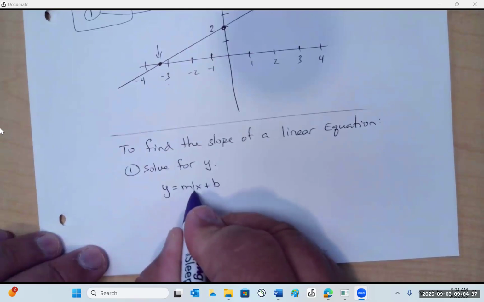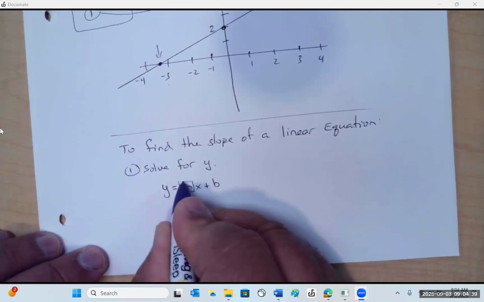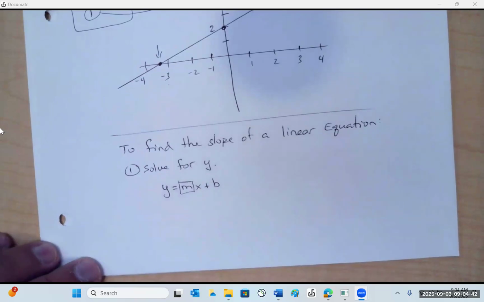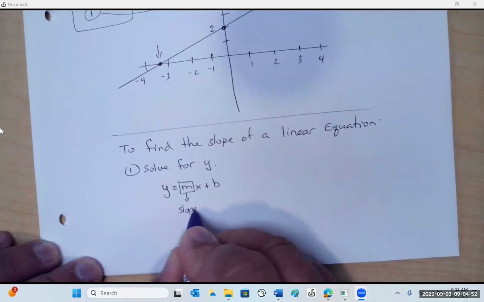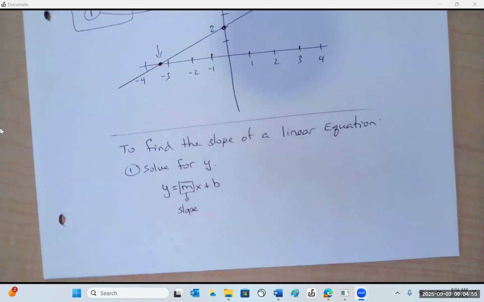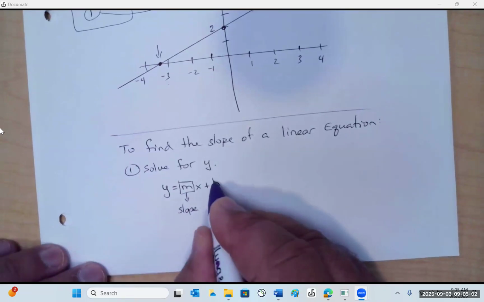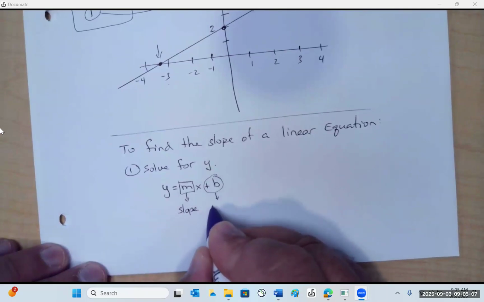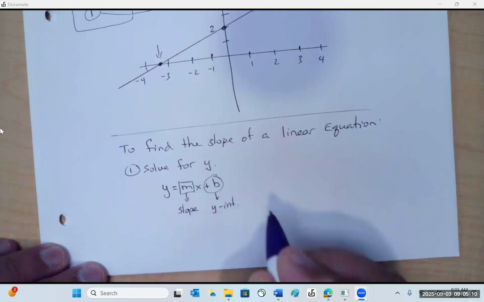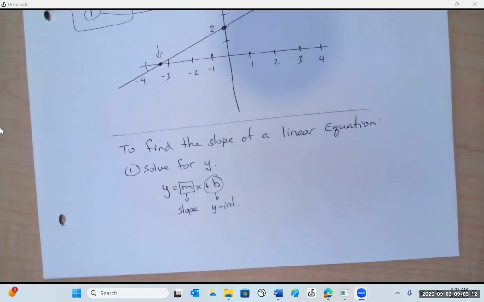Whatever is in front of your x, whether it's just a positive or negative sign or a number with a positive or negative, that is your slope. This other number, that is your y-intercept.